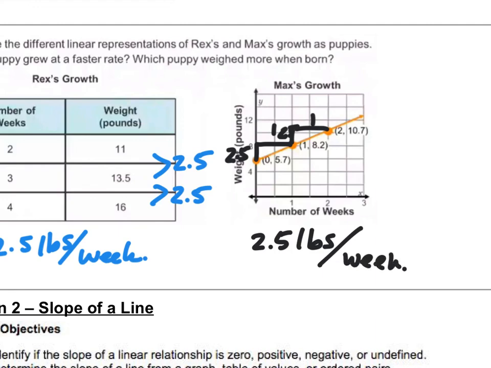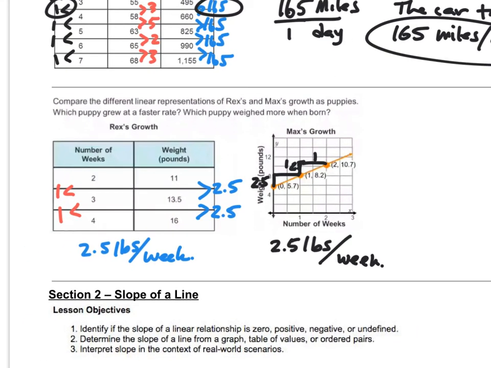Okay. So which one grew at a faster rate? Neither of them grew at a faster rate. They had the same amount that they were going by. But it wants us to know which puppy weighed more when they were born. So if I wanted to figure out, okay, well, what happened on week 1? Okay, how much did they weigh after they were born for a week?